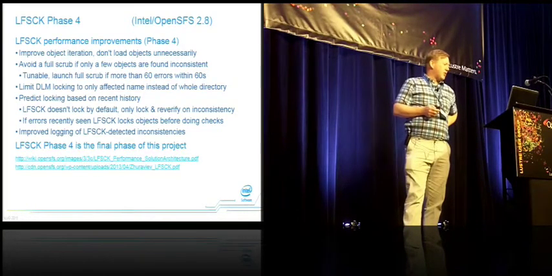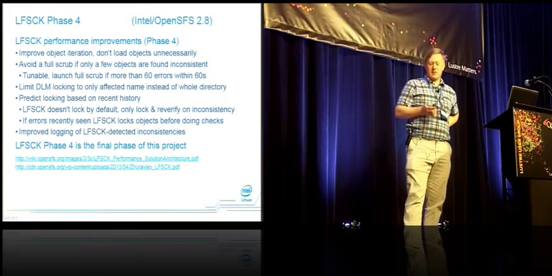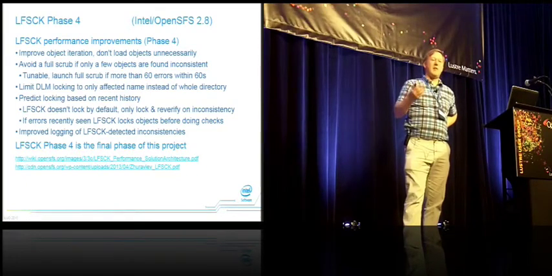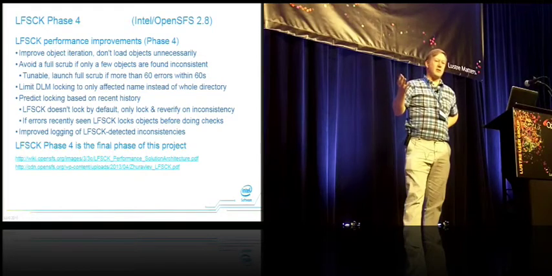As well, reducing locking overhead within the code improved the performance noticeably, along with doing some optimistic locking. When LFSCK runs currently, it runs without taking DLM locks, and so the assumption is that while it's running, the chances of finding inconsistencies are very small, and you don't want this background scanning process to be locking and blocking your user processes.